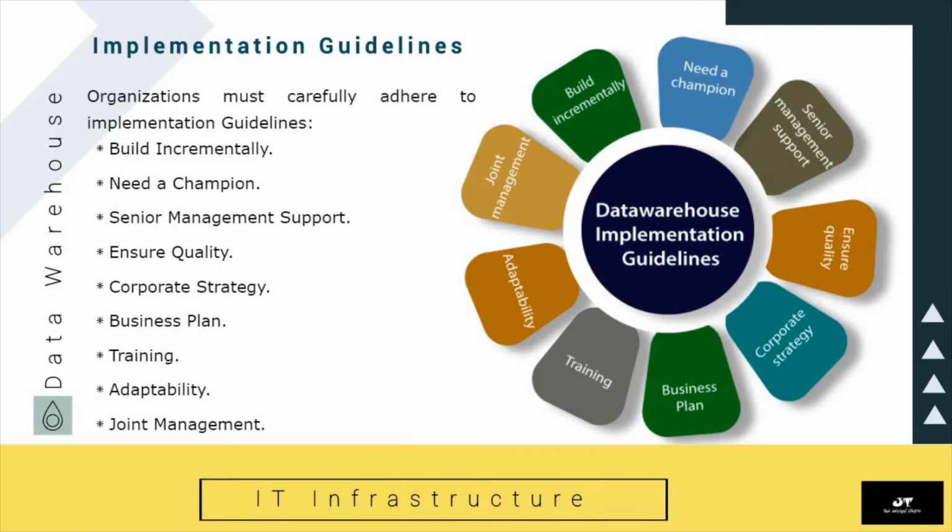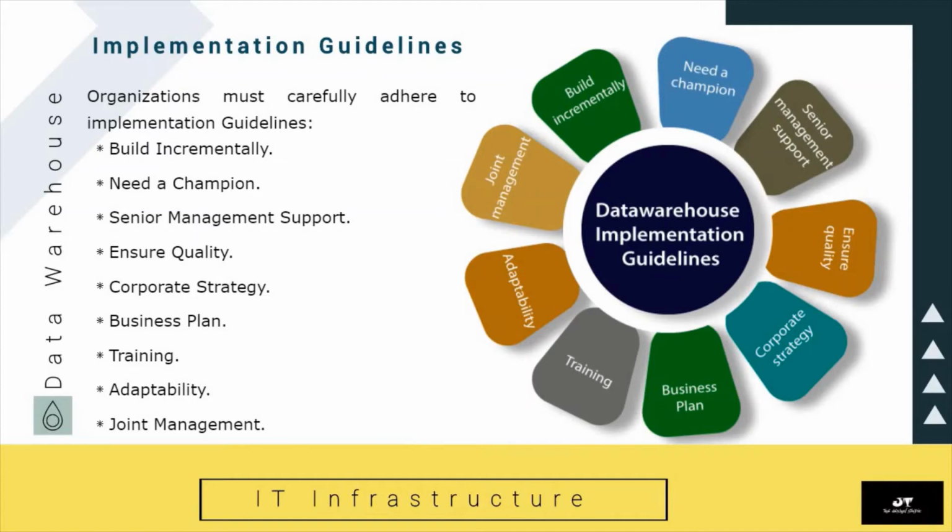Seventh, training. Data warehouse projects must not overlook the data warehouse's training requirements. For the data warehouse project to be successful, the stakeholders must be trained to use the warehouse and to understand its capabilities. Eighth, adaptability. The project should be built with flexibility, so that changes may be made to the data warehouse, if and when required.